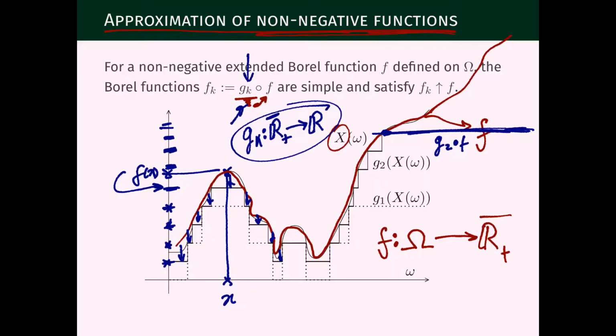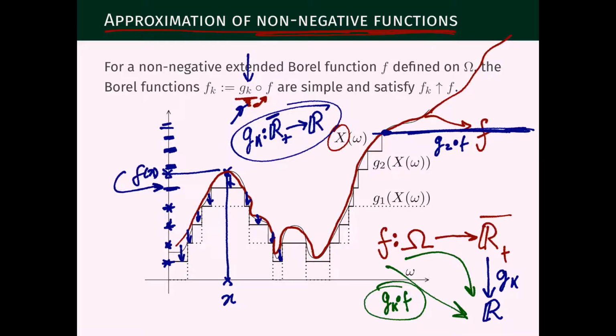We can approximate f by a simple function by doing the following. We bring this down by composing with gk, and this will give us real, finite numbers. We can define the composition directly: this will be gk composed with f.